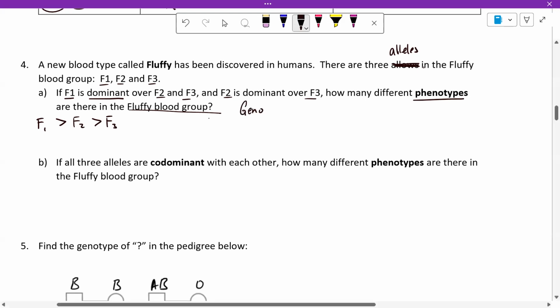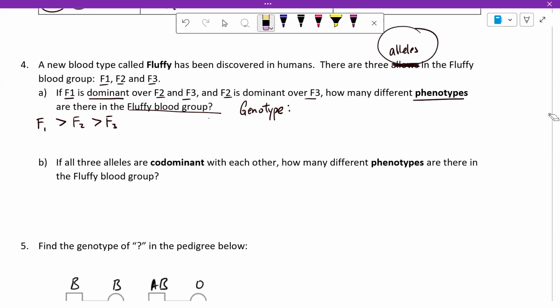Three? Well, we will see. Let's write down the genotype first. Is it 3 factorial? Is it 3 for the answer? Three alleles. Okay, but let's write out the genotype first. The genotype is the genetic combination. And so there's F1, F2, and F3, right?